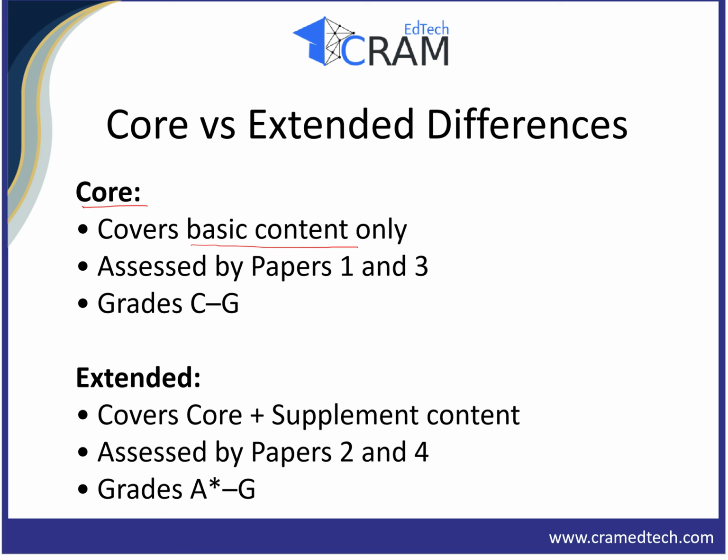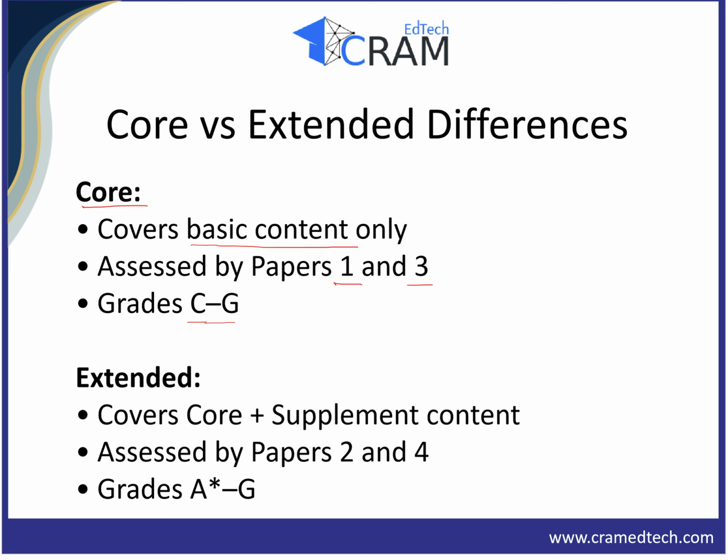I will show you from the syllabus as well what the core contents and the extended or supplement contents are. If you're writing the core assessment, you have paper 1 and paper 3. The maximum grade you can get in IGCSE with the core assessment is C, and the lowest grade is G.